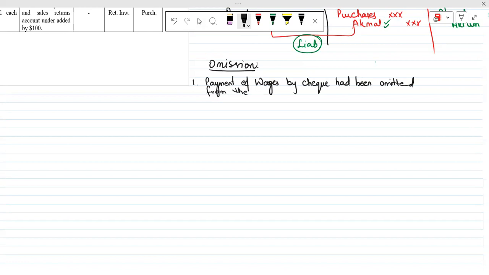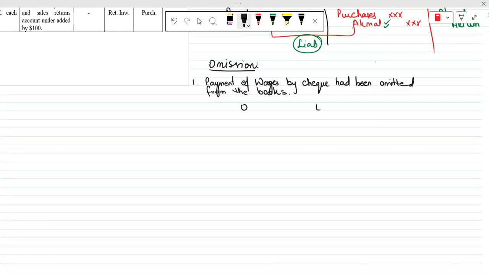Now, this time we have made the payment of wages expenses by check through bank, but the entry was completely omitted. Neither on debit side nor on credit side it was written.